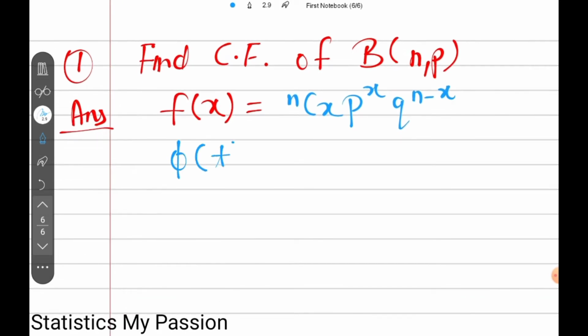phi(t) is equal to the expectation of the exponential of itX.